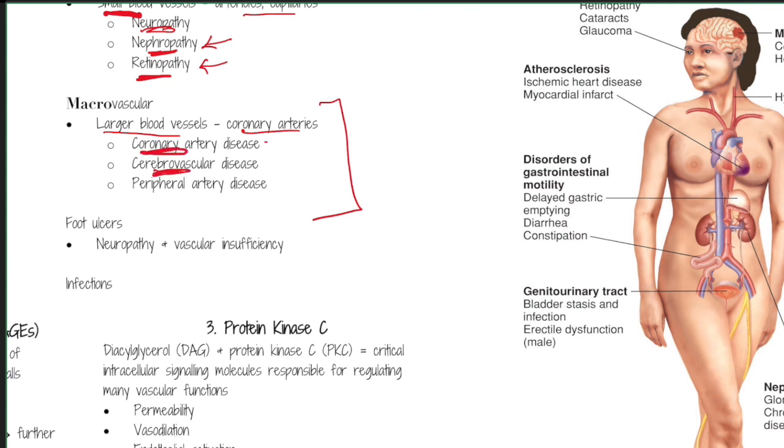It's attacking the heart, it's attacking the brain, right? And then you have peripheral artery disease, meaning the main arteries in your body that are bringing blood to your feet and your hands. So it's not the teeny tiny little capillaries, it's the actual larger blood vessels that are bringing blood to the rest of your body.